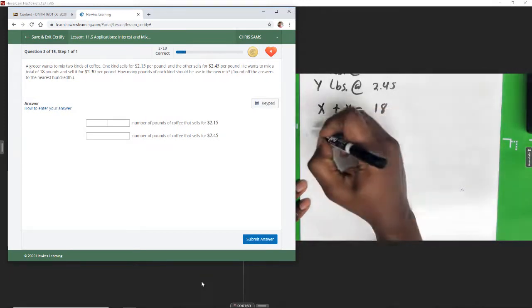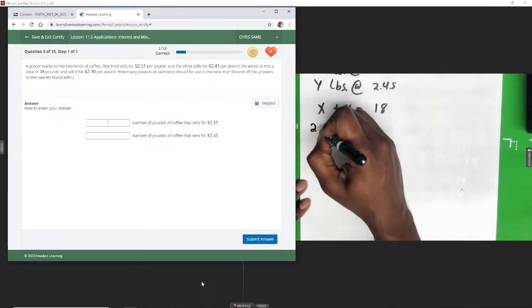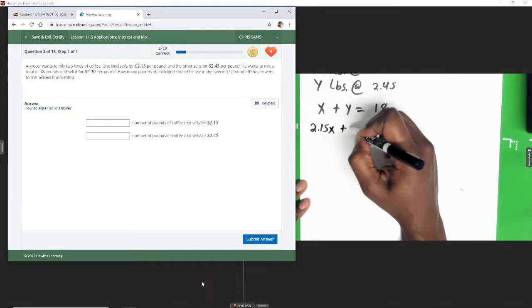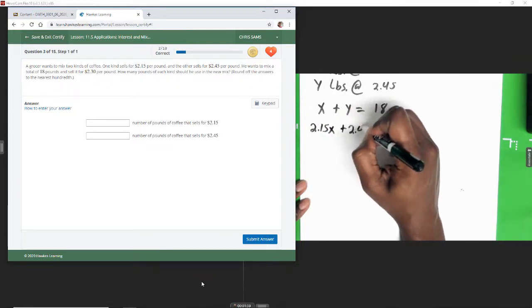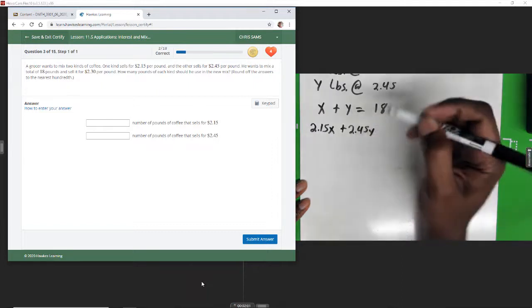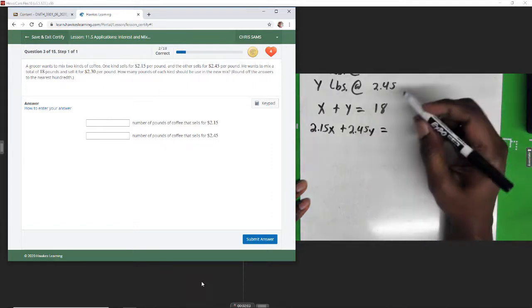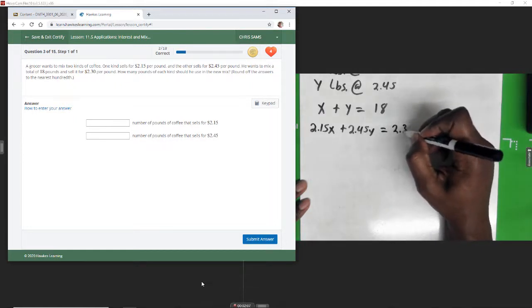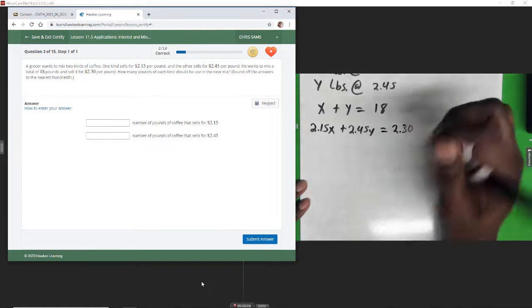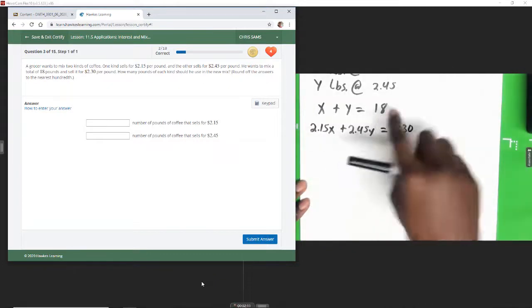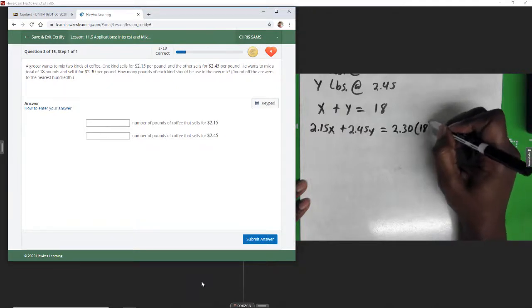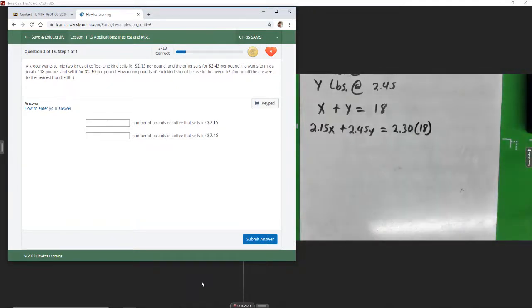So my second equation is going to be 2.15x plus 2.45y equals the 2.30 per pound. It's kind of like an average of these pounds when we mix it together, times the total pounds, which was 18. Okay, so this will be the setup when you have mixture.